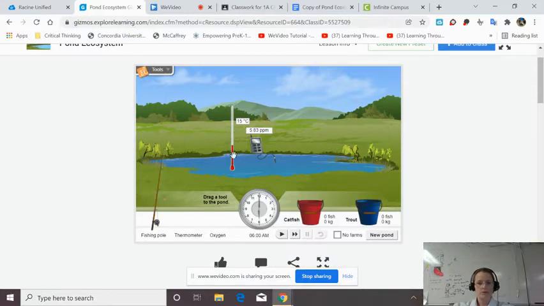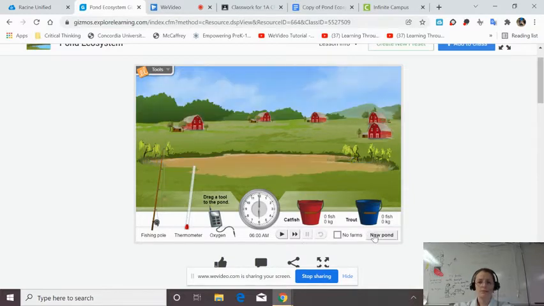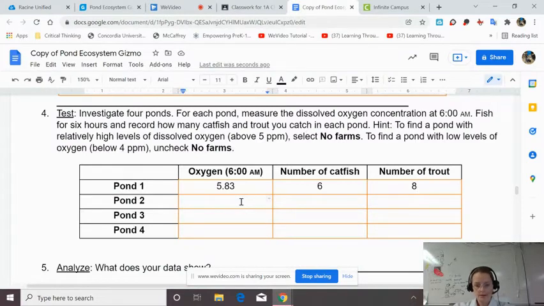Drag the fishing pole, thermometer. We're going to reset again. Oh, new pond. So here we have 1, 2, 3, 4, 5. Here's our oxygen meter, 2.38, and our fishing pole. So new pond, 2.38. Fish for 6 hours.